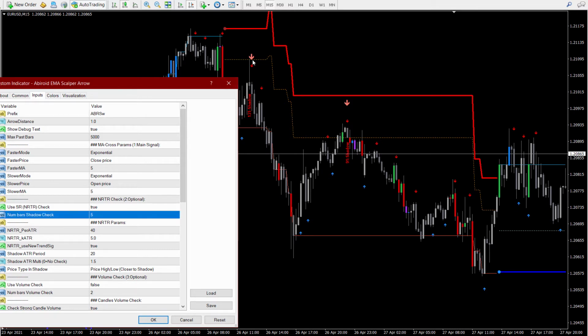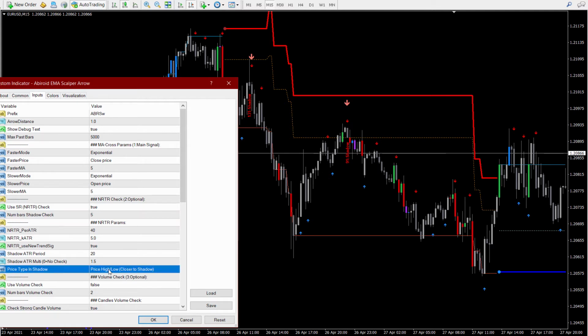As you can see, this sell arrow is outside the NRTR shadow, whereas 1 bar back, the high of this is inside the shadow, and you can also set that to the price type. If you keep price open, then this signal will be ignored because the NRTR shadow does not have this open line. By default this is set to price high and low, so this will be high.